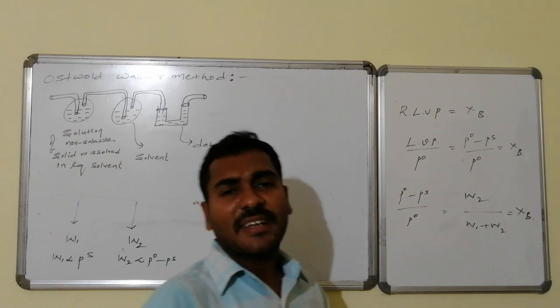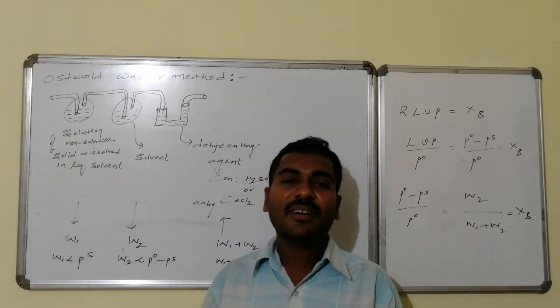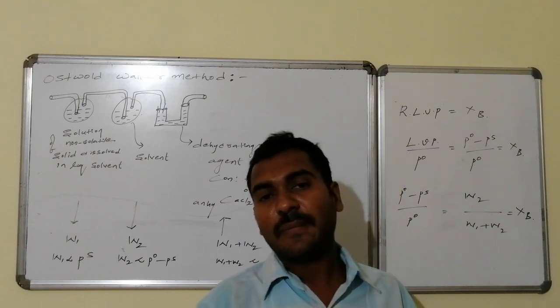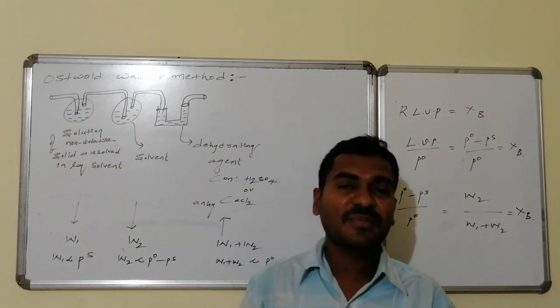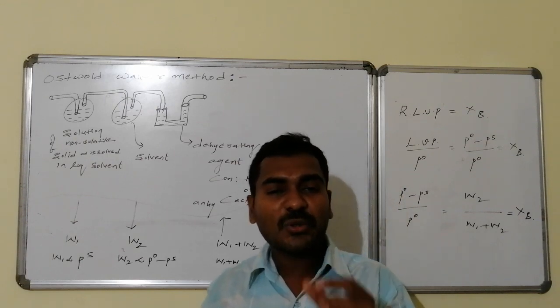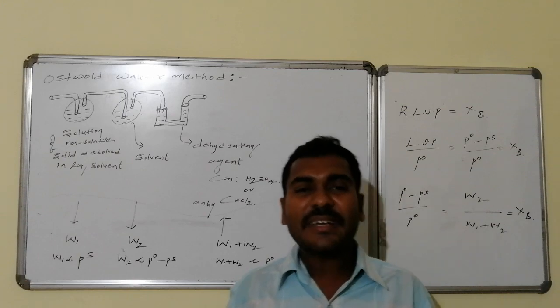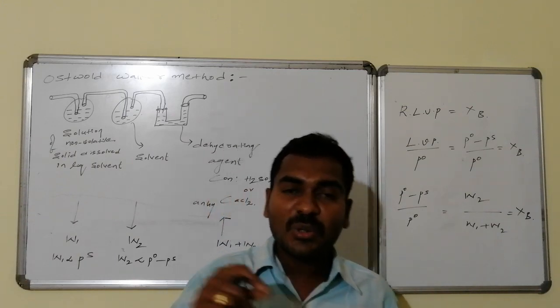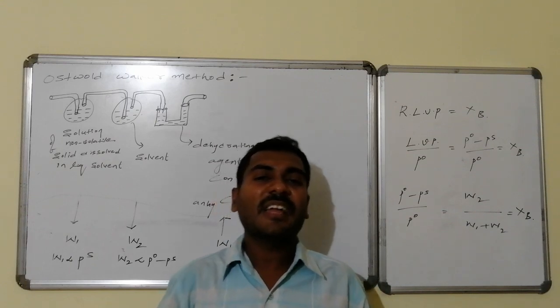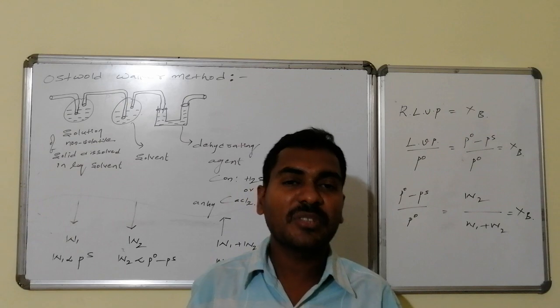Why are we taking the help of the Ostwald-Walker method? Because measuring vapor pressure is always difficult, and sometimes the lowering in vapor pressure value is very small. So very minute measurement would be needed every time, for the pure solvent vapor pressure and for the solution vapor pressure, and calculating the difference becomes difficult.